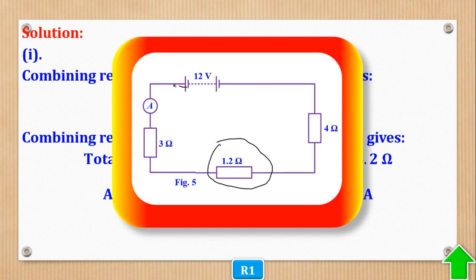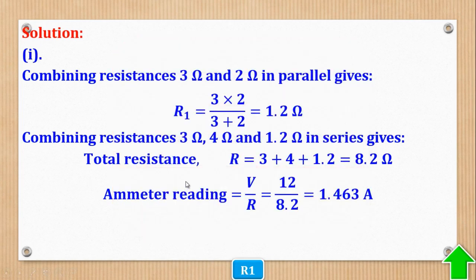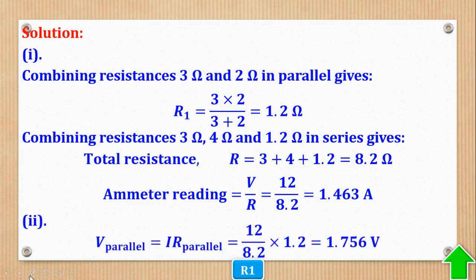Now the good thing, we know the current flowing through that resistor and this resistor. So we shall just multiply the current times this to get the PD they want. So this is the current and this is the PD. So this is the resistance to come up with the PD which they want.